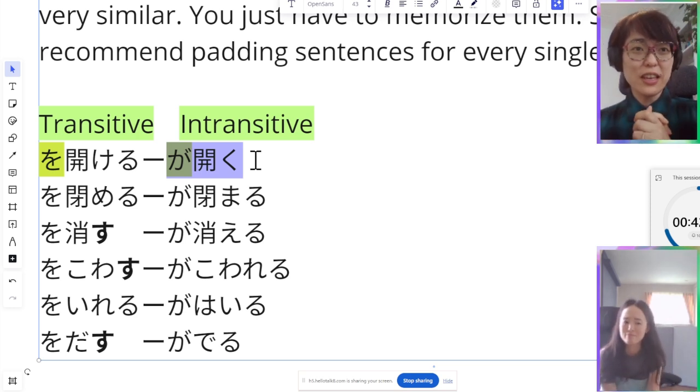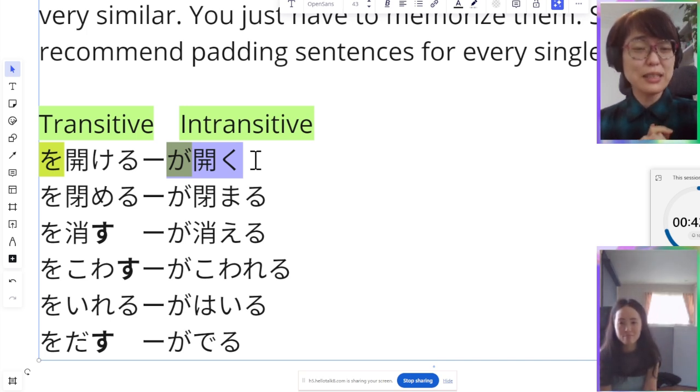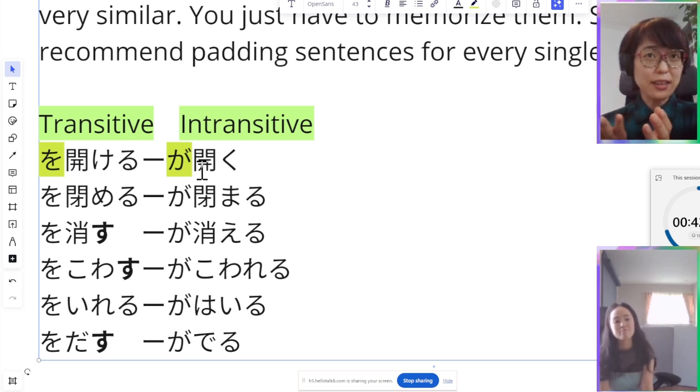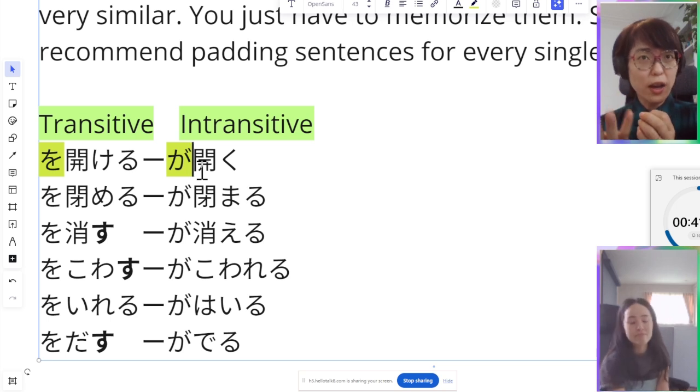Okay, Bo-san, thank you for asking. Yes, ga always stands before intransitive. That's true. But you have to be aware that sometimes we replace the ga particle. For example, if we want to contrast with another element, you might want to use wa instead.